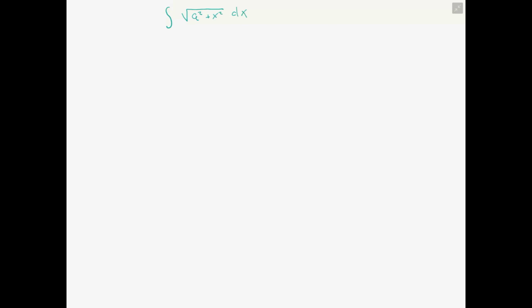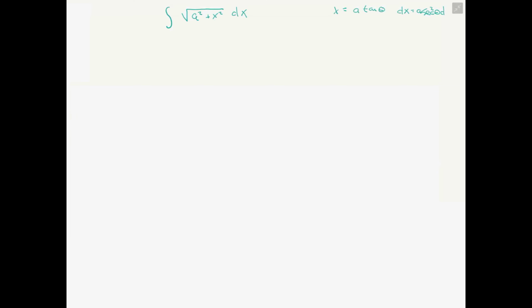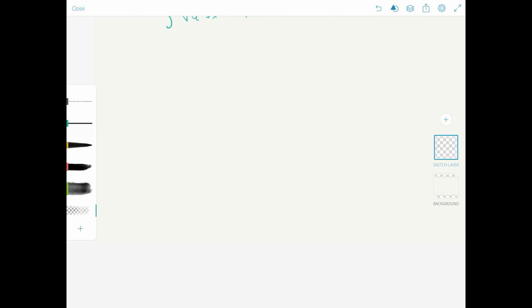And here we just use a trigonometric substitution where x equals a tangent theta and dx equals a secant squared theta d theta. Whoops. You know what?